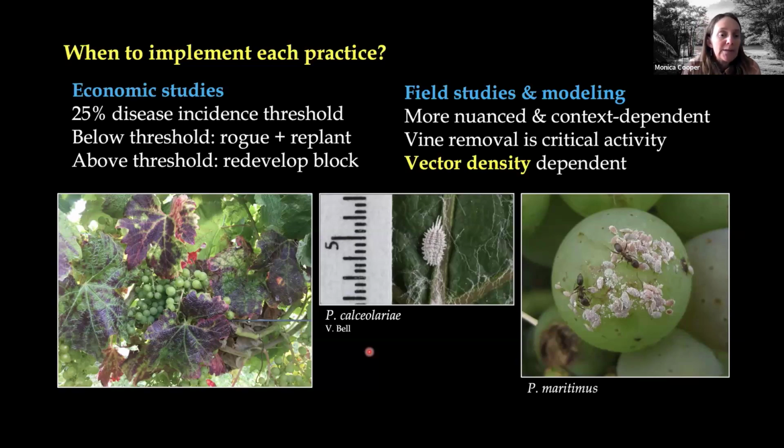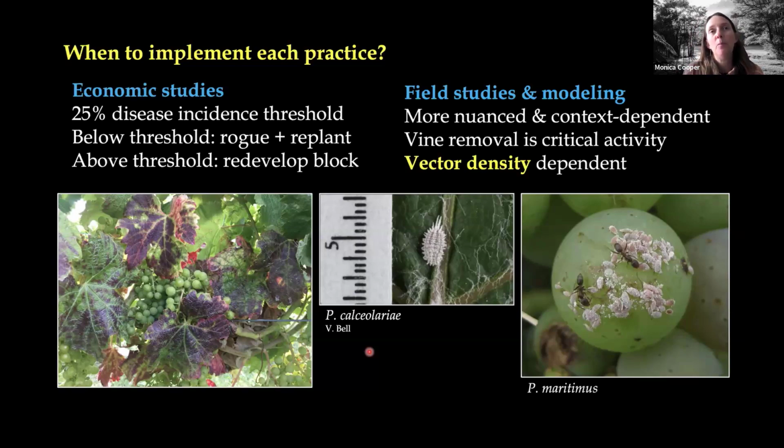Those are great guidelines. Maybe they work for you. In our case, there's just a lot of diversity of farming philosophies across Napa Valley. And so what we found, both with our field studies and in our modeling, is that it can be slightly more nuanced than that and context dependent. For instance, in the leaf roll days, I was working in a heritage block.